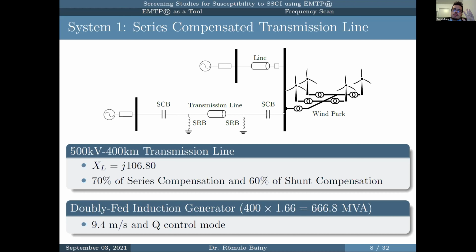I'm just going to run through all the steps. Step 1 is the grid side scan, step 2 is the wind park scan, step 3 is combining both, and step 4 is a study of the system in time, so we can see the oscillations.